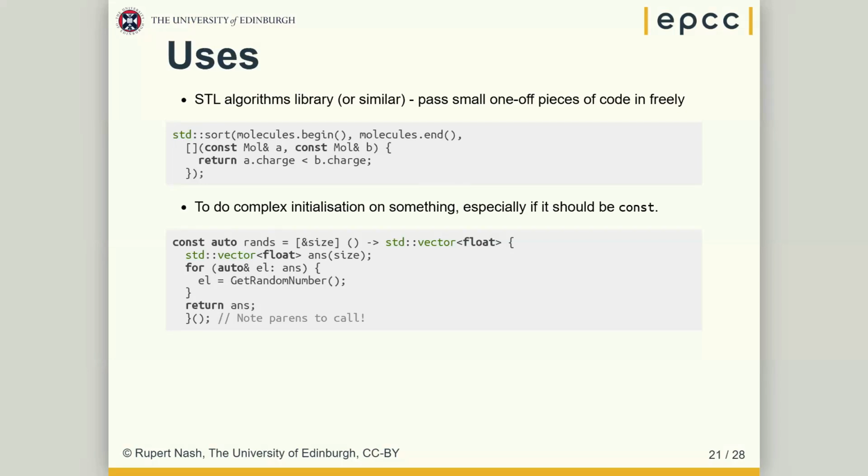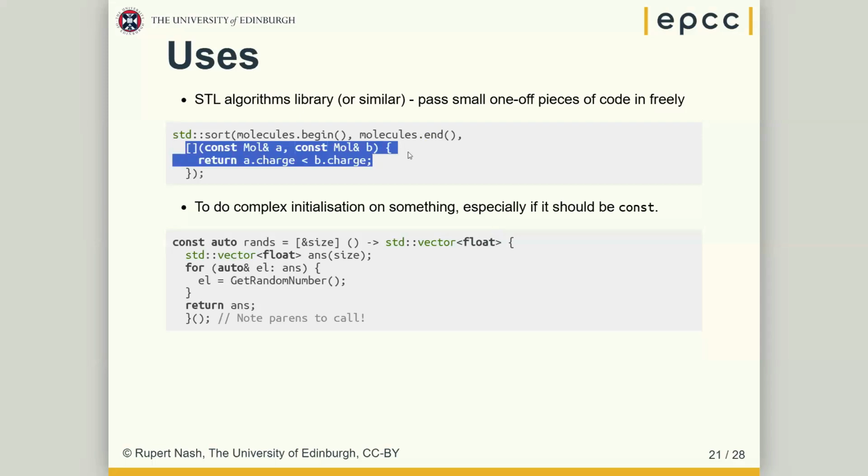So there's some different uses for this. Like we've seen, we might want to pass one small one-off piece of code in freely. So here we might have the sort algorithm. Or we have some molecules and we want to provide a method for determining if something is larger than another.